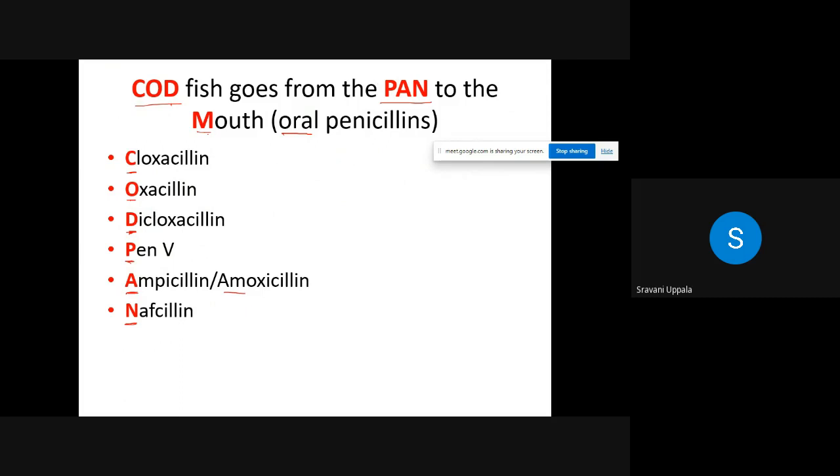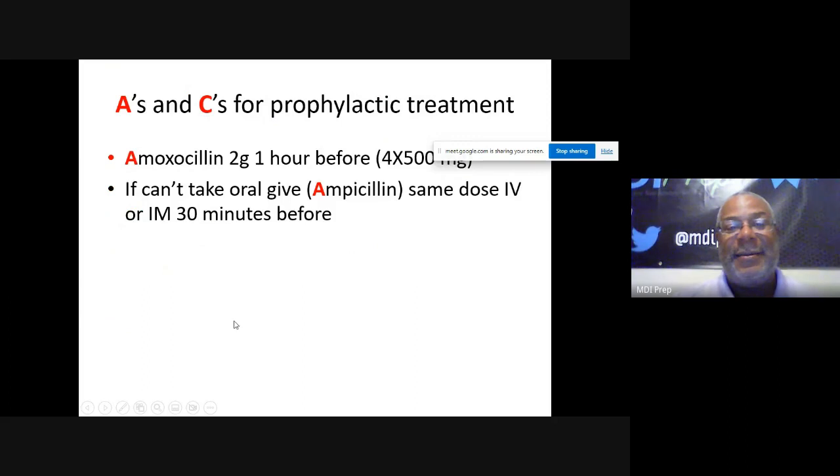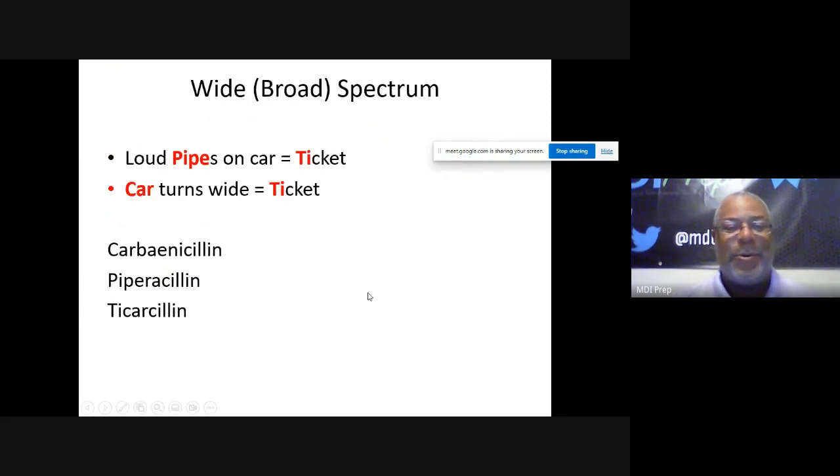It doesn't need a beta lactamase inhibitor. It doesn't have clavulanic acid, but it already has the ability to resist beta lactamase. Okay, that makes sense? All right, we're going to come back to the A's to C's in a second. Don't worry about that right now. They're not going to ask you that.